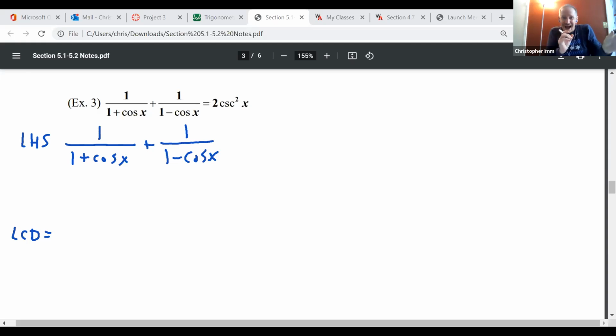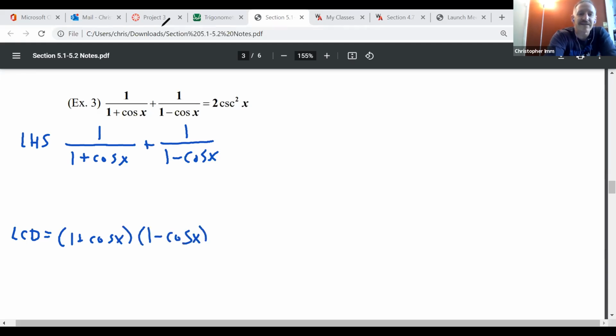If I had, let's not use halves, let's use a 1/3 and a 1/10, I would need a 3 from this one and a 10 from the other one, right? So when I have two things that don't have anything in common, then I just use them both. So my least common denominator here is going to be 1 plus cosine times 1 minus cosine.